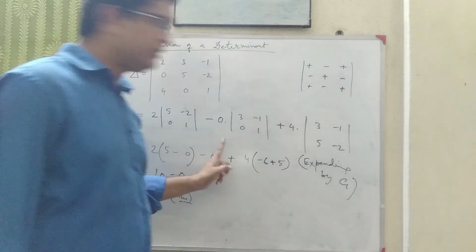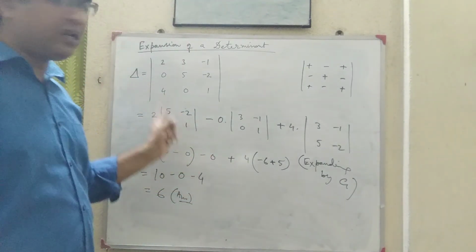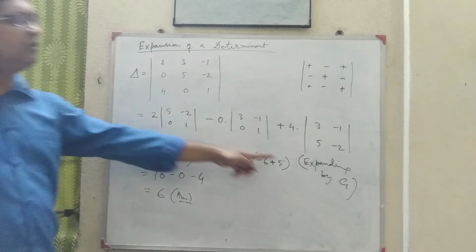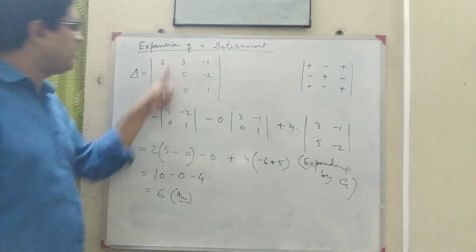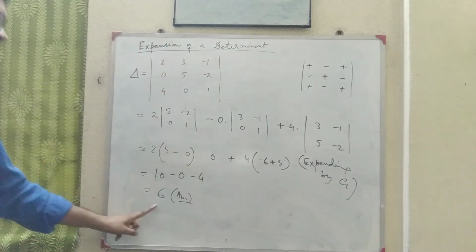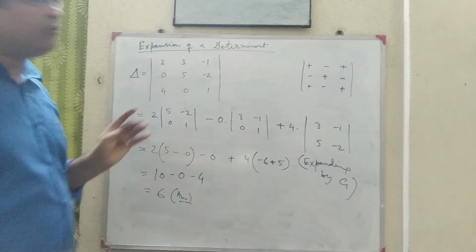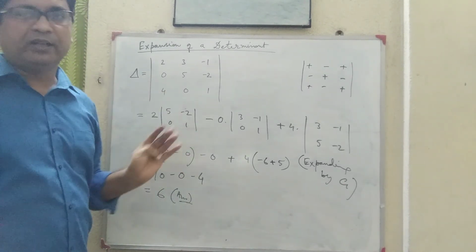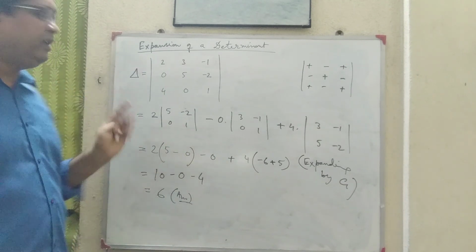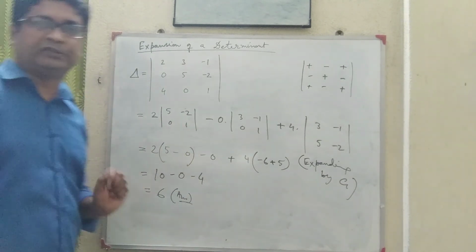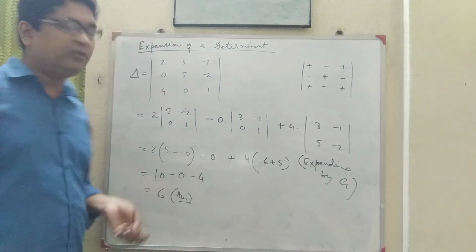In the last case, we expanded by first row or by R1 and also got the answer 6, but here we have expanded by the first column or by C1, and we also have got the same answer 6. So you can check with any other row or any other column and you will find the same answer always, and it will be 6. Okay, so you can check yourself.